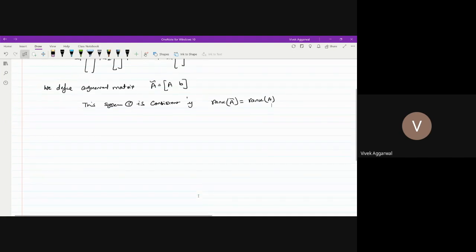Once the system is solvable, only then can we talk about the solution. So let me consider that this system AX is equal to B is consistent.